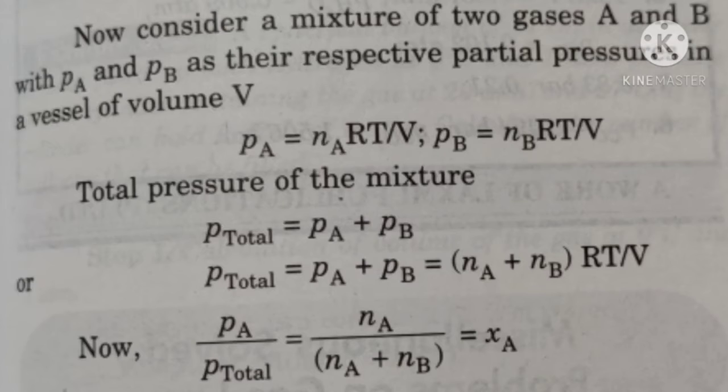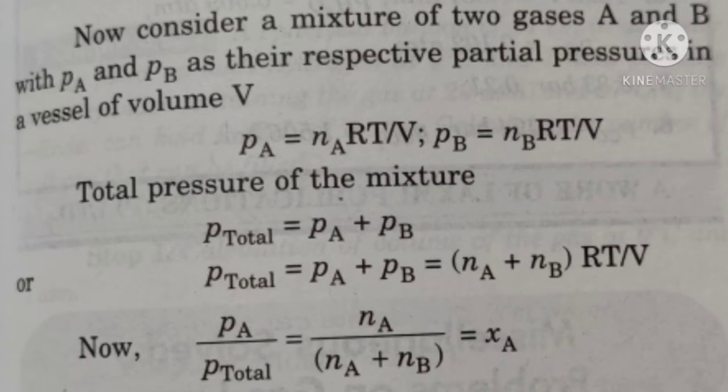Then we can write PA is equal to nA RT upon V, that is according to the ideal gas equation. And the partial pressure of the B gas is PB is equal to nB into RT upon V. Total pressure of the mixture P total is equal to PA plus PB.